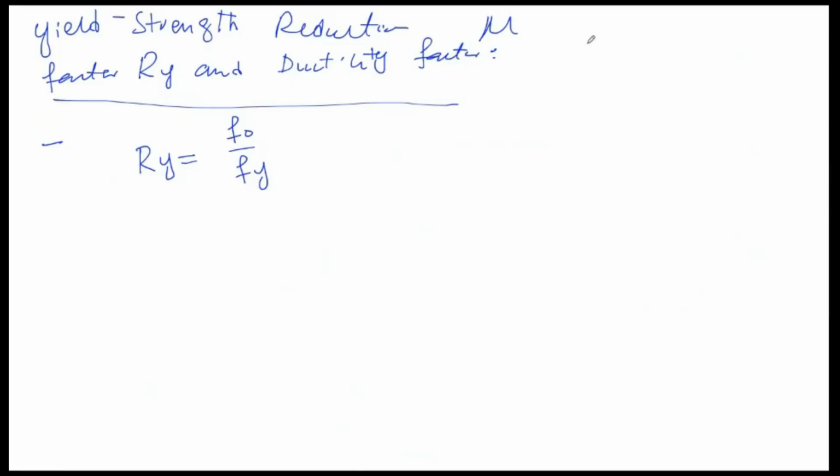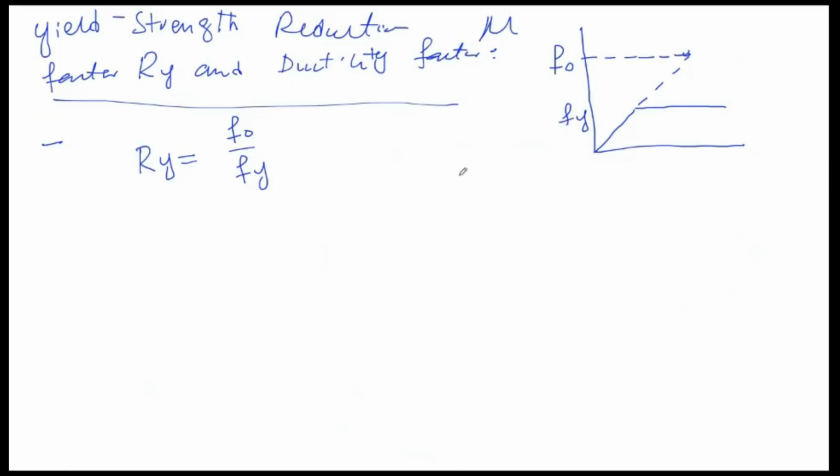So if we look at the elastoplastic behavior, this is F naught, and if it is yielded, this is Fy.